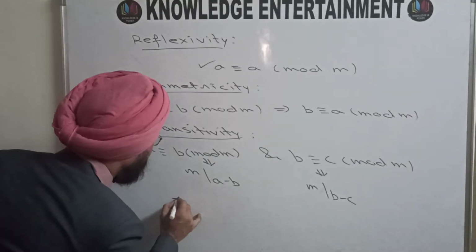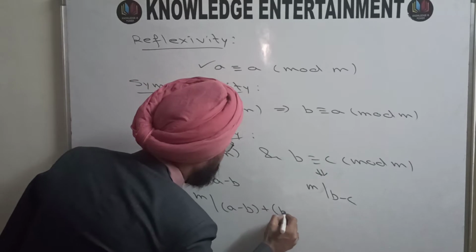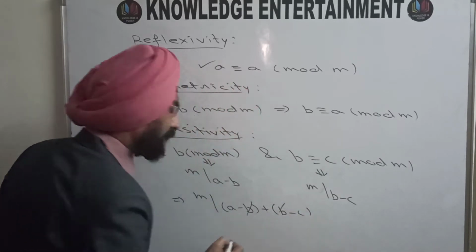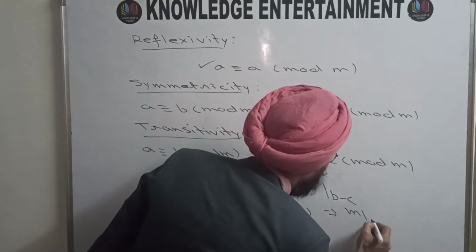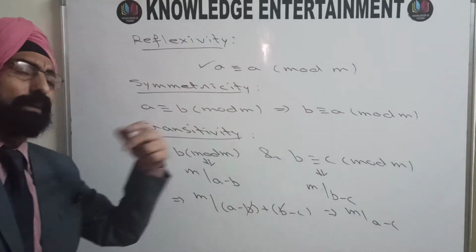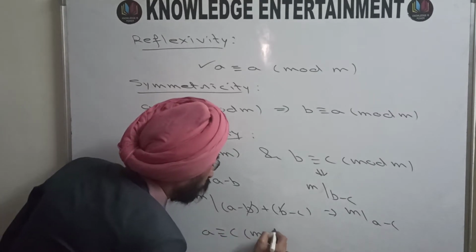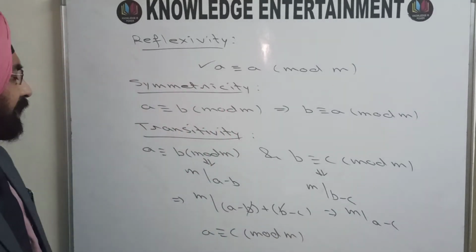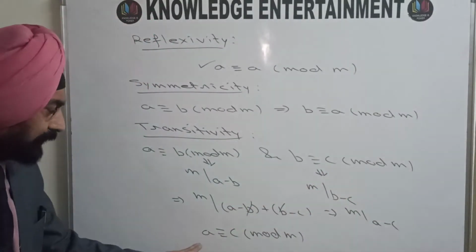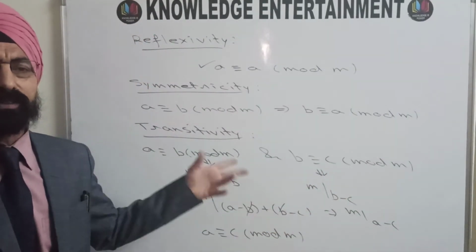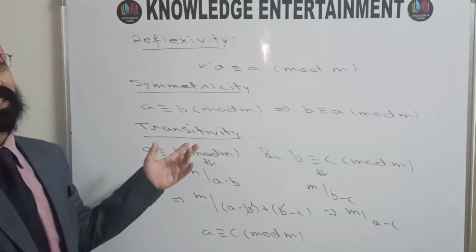So m divides a minus b plus b minus c. b will be cancelled out and you will be left with m divides a minus c, and m divides a minus c means a is congruent to c modulo m. We have taken a congruent to b modulo m and b congruent to c modulo m, and what we obtain is a congruent to c modulo m, which makes the congruence relation a transitive relation.